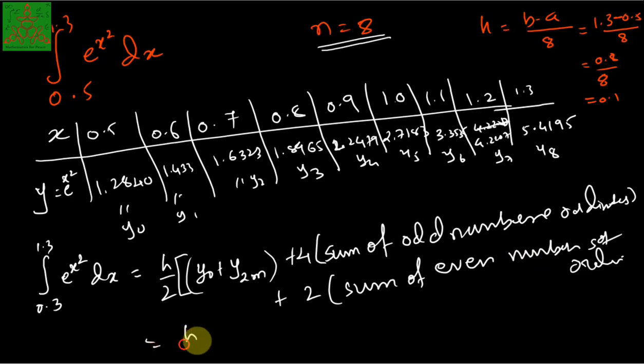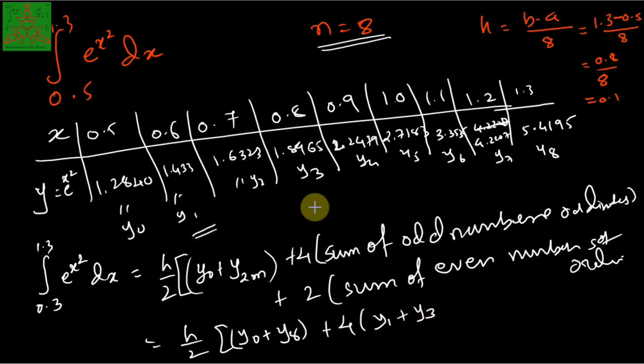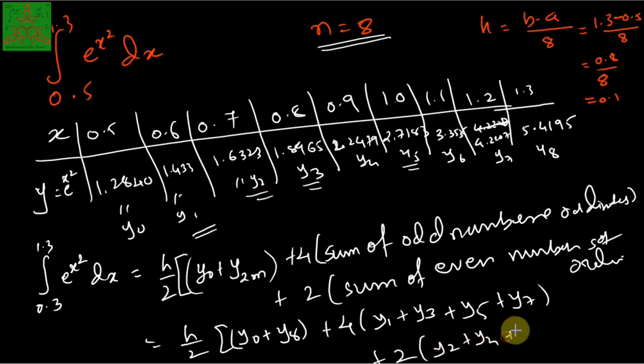That is, h by 3 times y0 plus y8, the last point, plus 4 times the sum of odd coordinates, y1 plus y3 plus y5 plus y7, plus 2 times the sum of even coordinates, y2 plus y4 plus y6, and that's all, because y8 is already covered here, so you should not write it again.